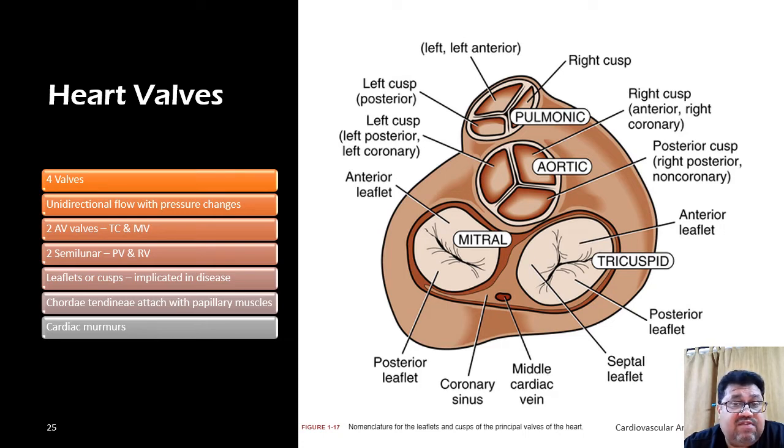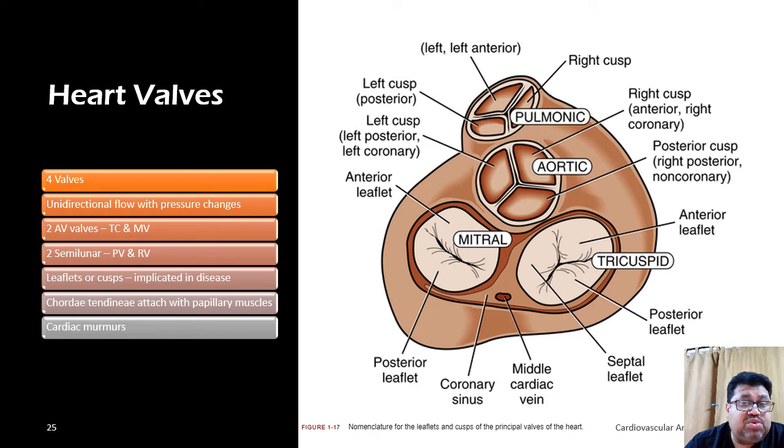Therefore, we have a pulmonary or pulmonic valve on the right, and that ejects the blood from the right ventricle into the pulmonary artery. On the left side, the left ventricle ejects the blood from the ventricle into the aorta through the valve called the aortic valve.